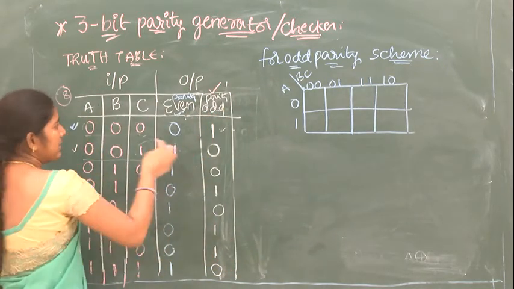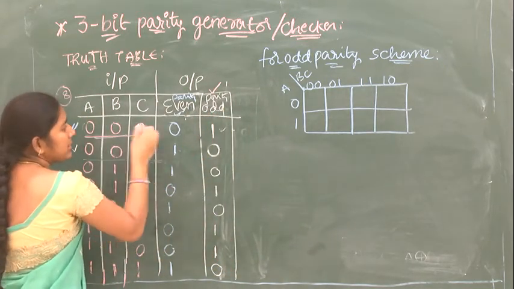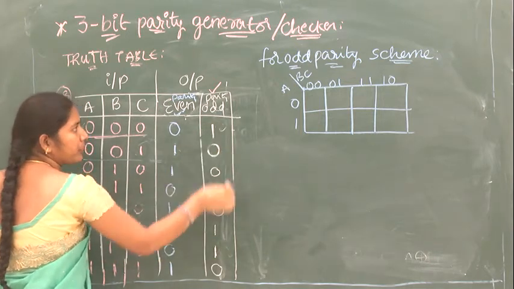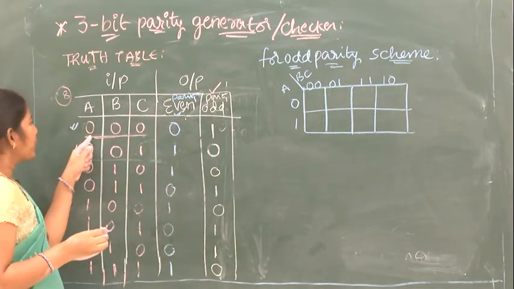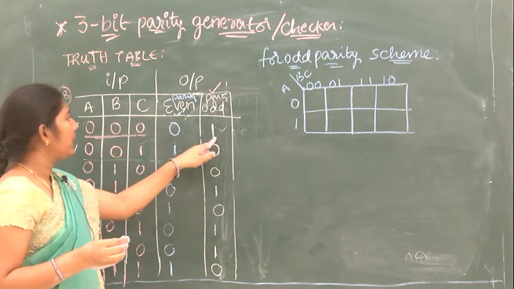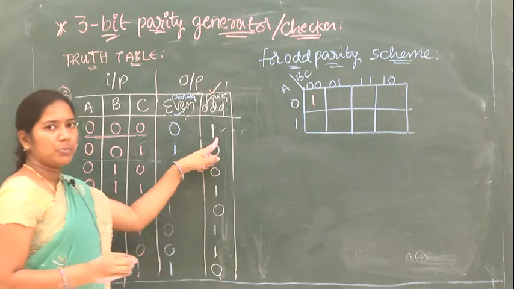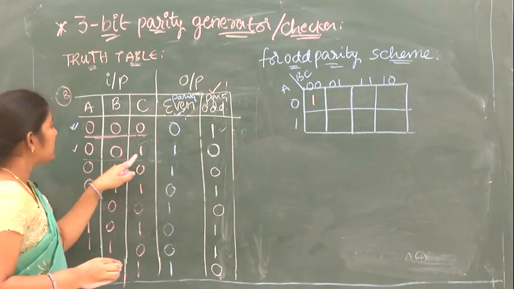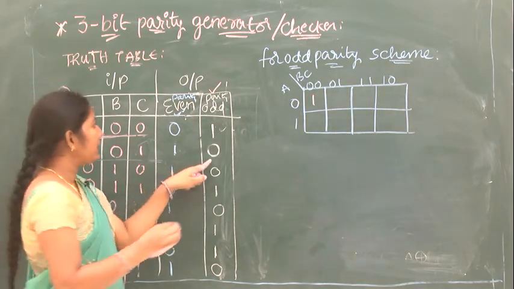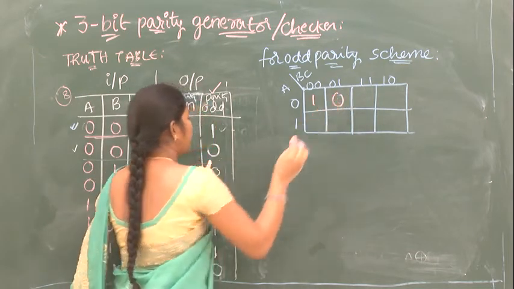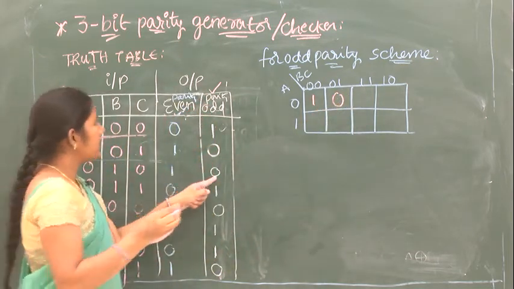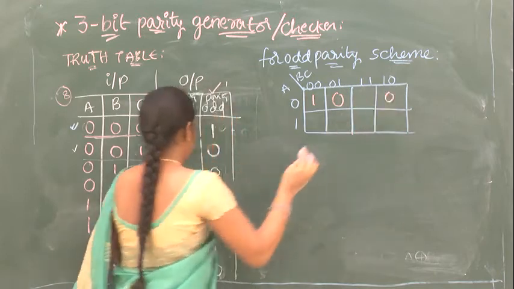Now we represent, for each combination, the output value in the K-map. For 000 in the odd parity scheme, the output is 1. For 001 in the odd parity scheme, the output is 0. For 010, it is 0.